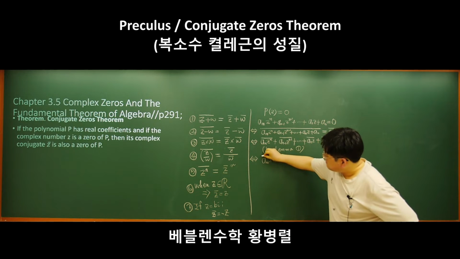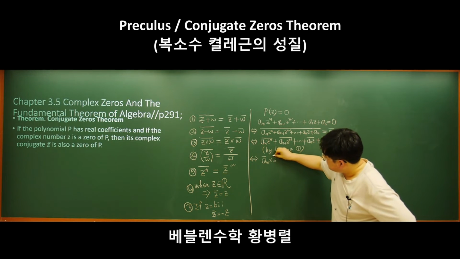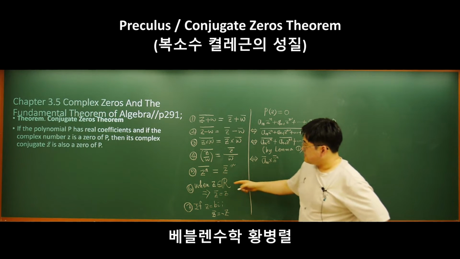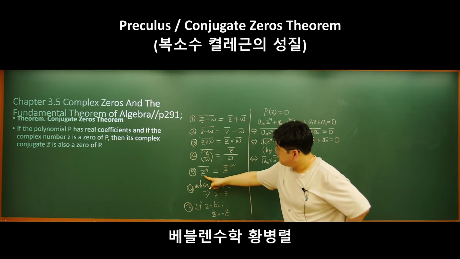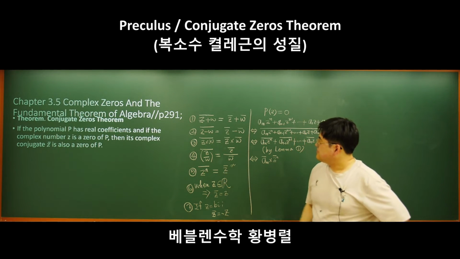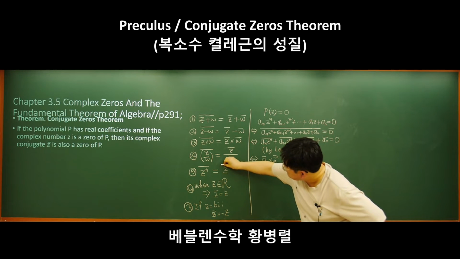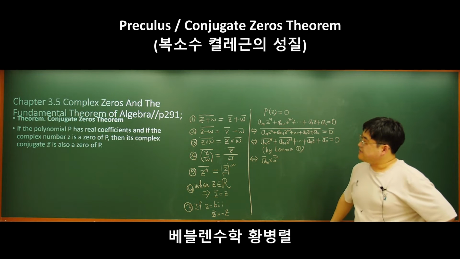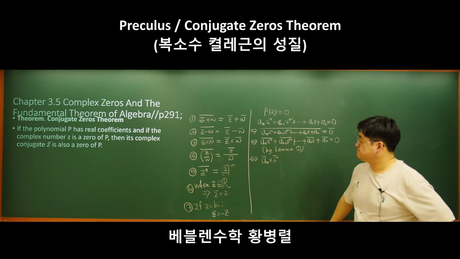Then bar can be split by multiplication. And also by lemma 5, bar of z to the nth power is equivalent to the nth power of the conjugate of z.